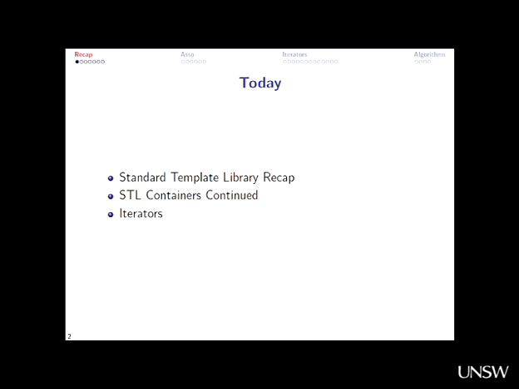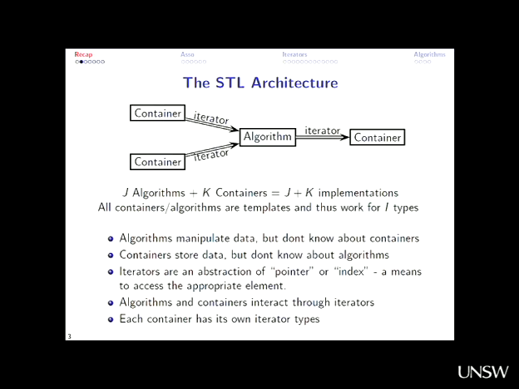And then we're going to look at iterators and how iterators work and glue the containers together along with STL algorithms. So on Monday, we talked about the idea of the STL library having containers, iterators, and algorithms, and iterators being the glue between a variety of containers.